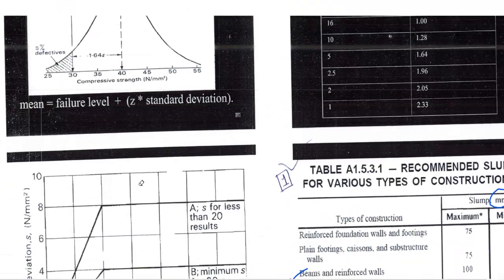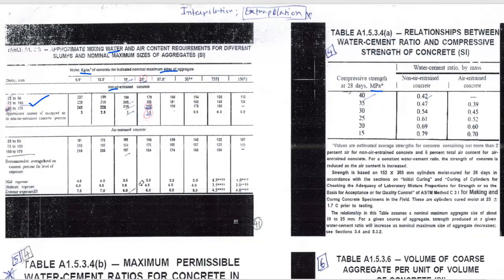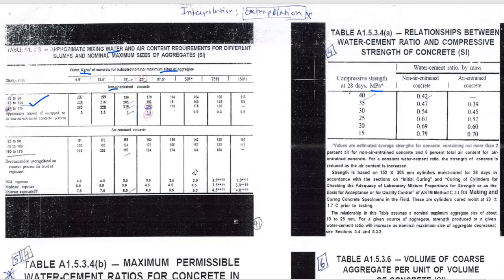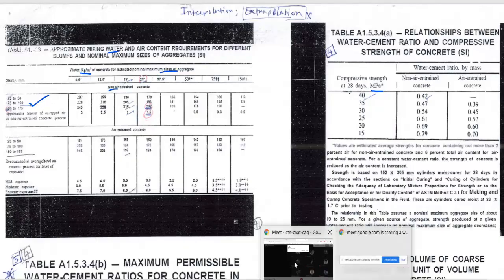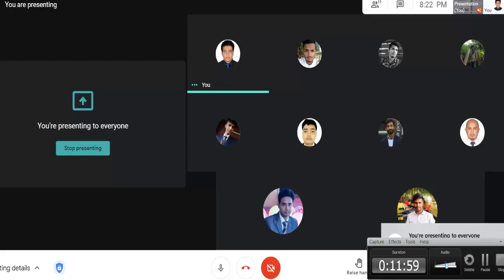Sir, how can we determine what type, what grade of concrete we are going to work with, 40 grade or 35 grade? How can we determine it? It's up to you. You are going to be the designer, right? Which grade of concrete you will select is up to you.